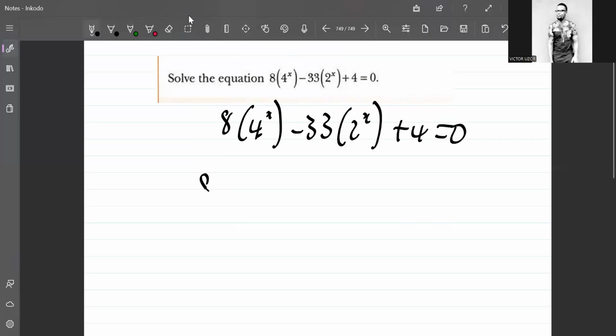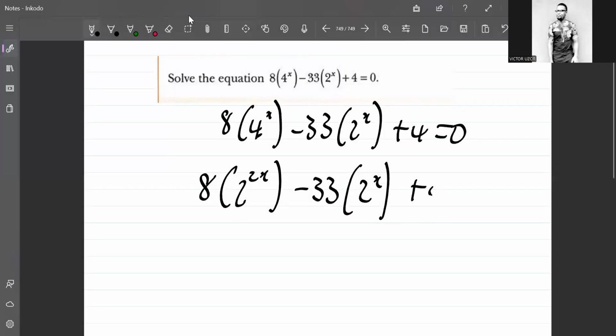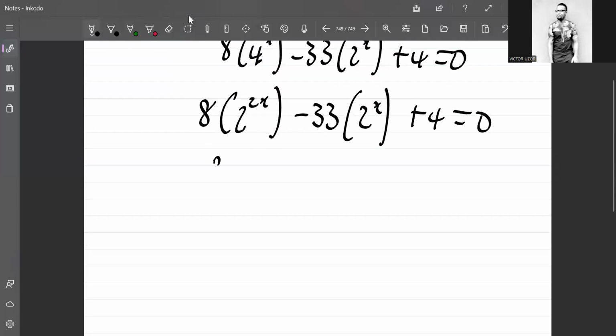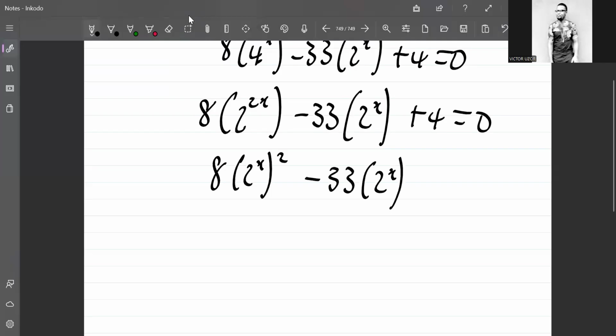The same thing as 8(2 raised to power 2x) minus 33(2 raised to power x) plus 4 equals 0. If I move on, I'll have 8(2 raised to power x) raised to power 2 minus 33(2 raised to power x) plus 4 equals 0.